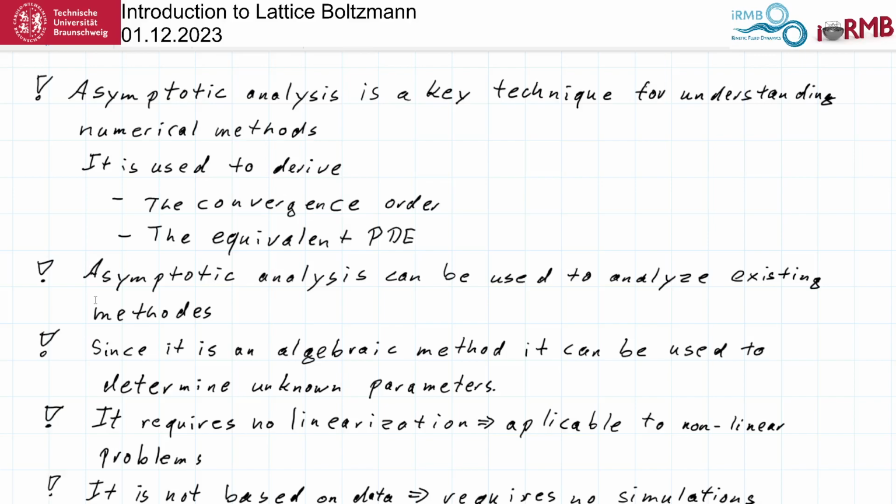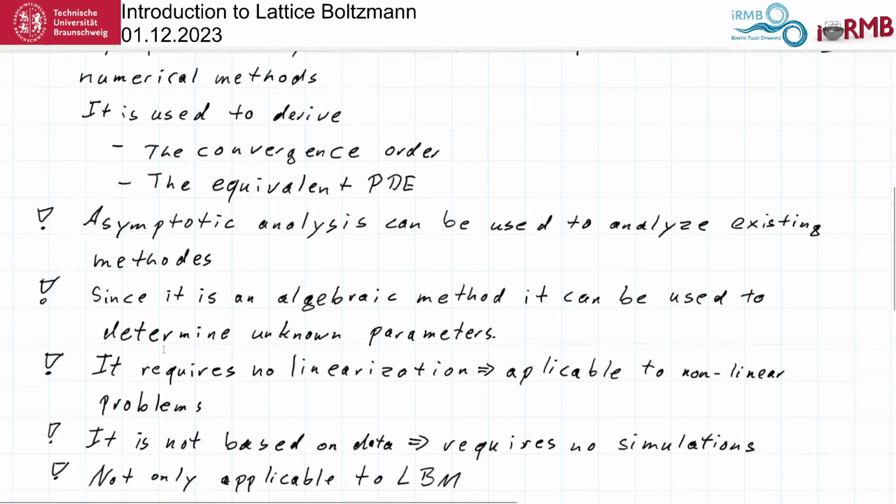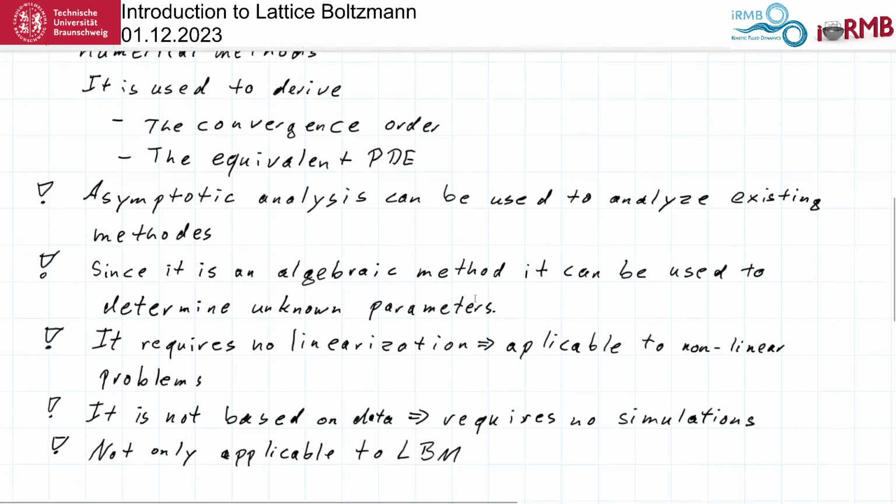Of course, you could also do it in a hybrid way. So you assume a method where not all the parameters are yet specified, yeah, and then you can get them out of the asymptotic analysis. This is what is written here. It's a completely algebraic method, and therefore you can use it to obtain also unknown parameters.